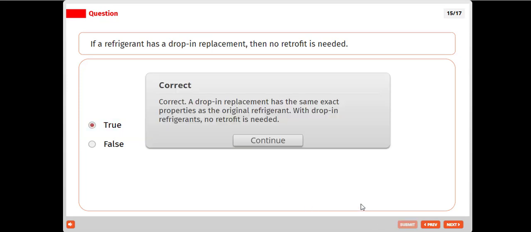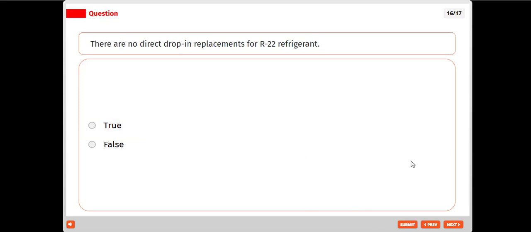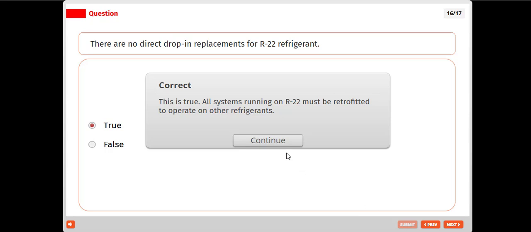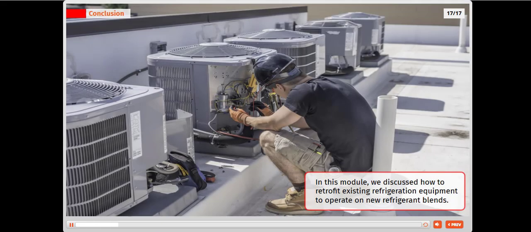Yeah, there is no direct drop-in replacement for R22. I don't know this one. Yeah, all systems run on R22 must be retrofitted to operate on other refrigerants. In this module, we discuss how to retrofit existing refrigeration equipment to operate on new refrigerant blends.